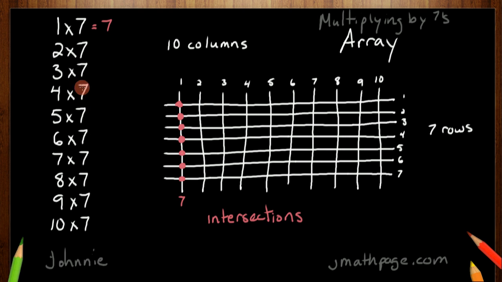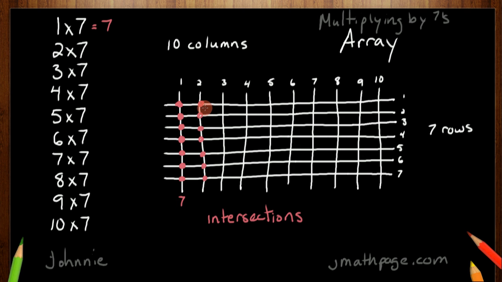If I go to the next one, this one says 2 columns by 7 rows, or 7 rows by 2 columns. Well, here are 2 columns, and here are our 7 rows. Let's find the intersections. And you can always be doing this yourself, just drawing out a grid like this. Now I know that I have 2 columns, so I have to count all of these, and I have my 7 rows. I know that I had 7 in the first column.